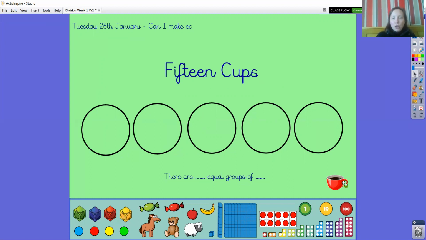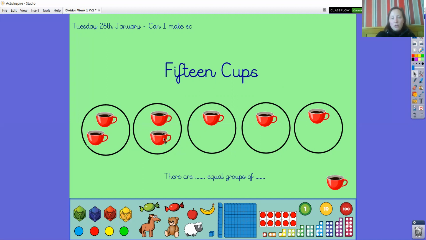So well done for having a go. Let's put my cups over. So I've got 1, 2, 3, 4, 5. Making it all equal by putting the same amount in each. So I've got this 9, there's number 10, so there's 11, 12, 13, 14 and 15.